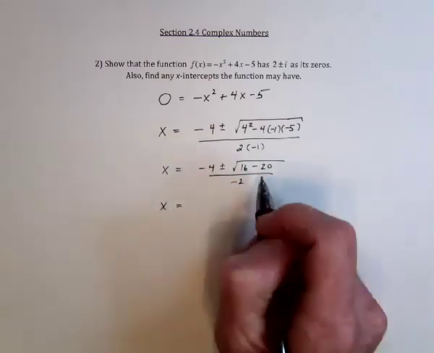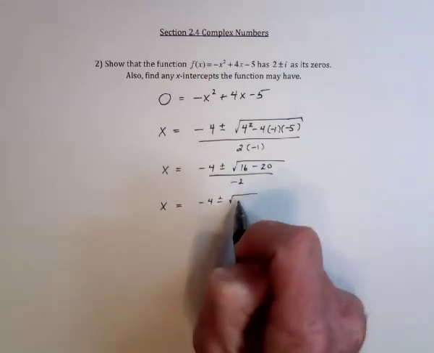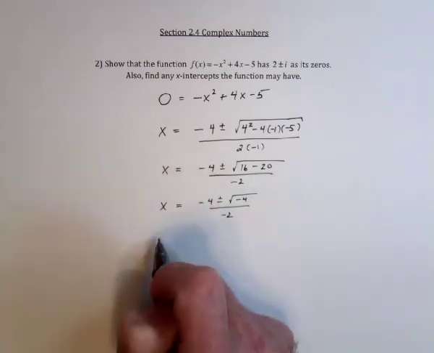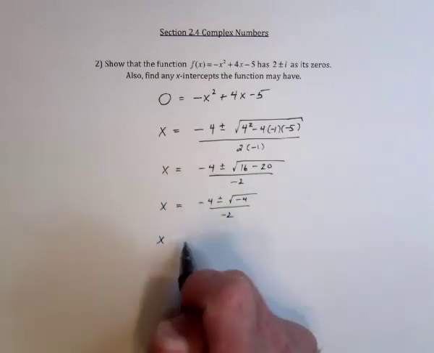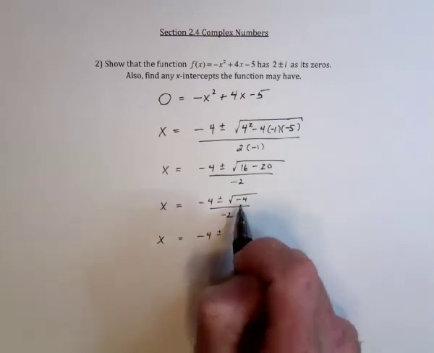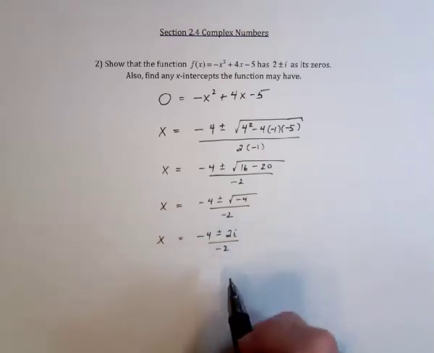So now in the radical, we've got the square root of a negative 4, and that can be simplified. So we've got negative 4 plus or minus the square root of a negative 4, which is 2i, and then divide by negative 2.